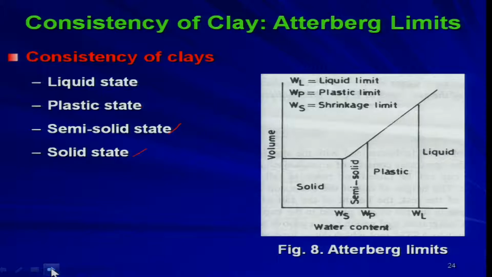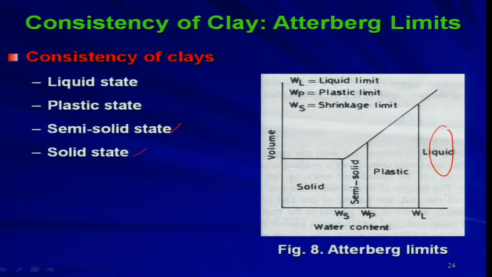Now, if you come back to this figure, basically you add water to a particular clay sample and you make a slurry. This is something like your liquid form, so that comes under this zone. This is your liquid state.